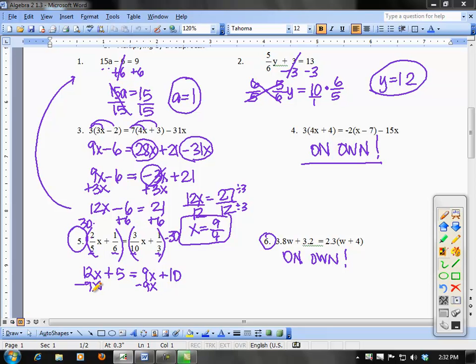So I move the 9x over, and I get 3x plus 5 equals 10. And I subtract 5, so 3x equals 5. And when I divide by 3, I get that x is 5/3. Okay? And again, I will tell you if you plug it back in, it works.